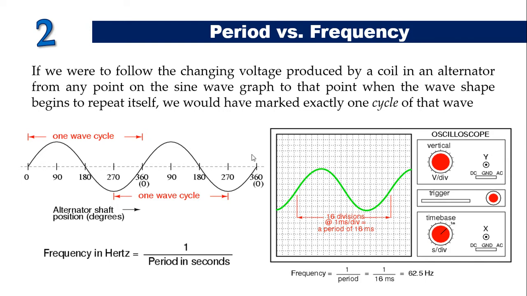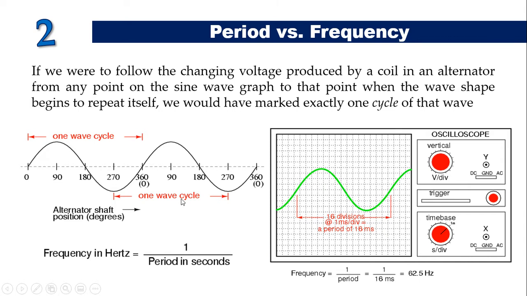If we graph this voltage from 0 to 360 degrees, we can say that we have formed one cycle, one wave cycle. Every 360 degrees corresponds to the rotation of the position of the shaft of an alternator. So it forms this waveform.